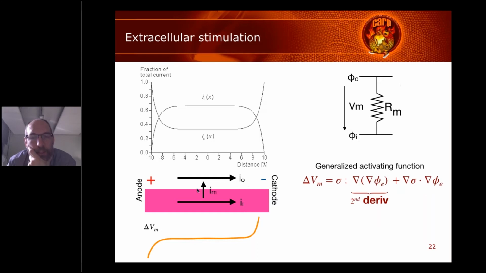If that's constant, it's not changing and no current is crossing the membrane. But if Io, the extracellular current, is changing, that means current has to be crossing the membrane to change it. So that will lead to changes in the membrane voltage. Likewise, you can have a constant field, but if your conductivity changes, you can also get changes. So how does this tie back to our bidomain?